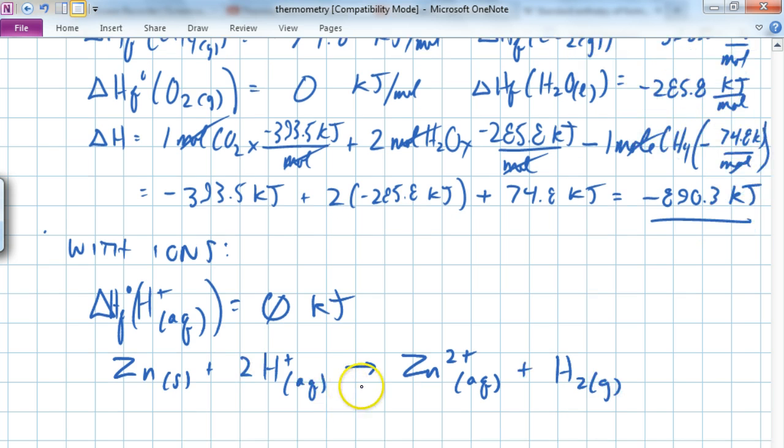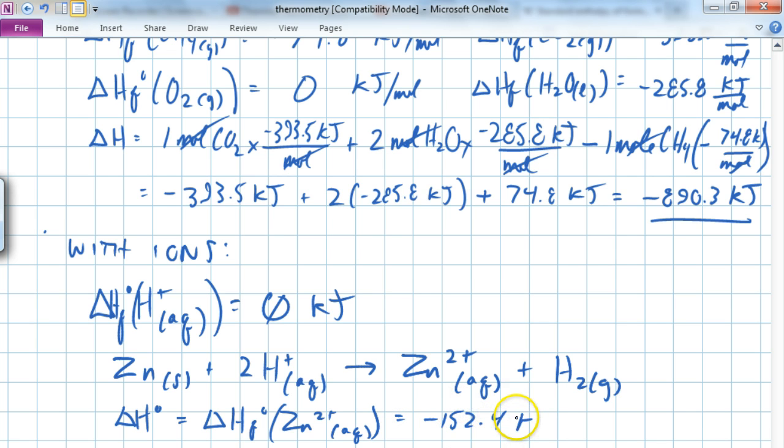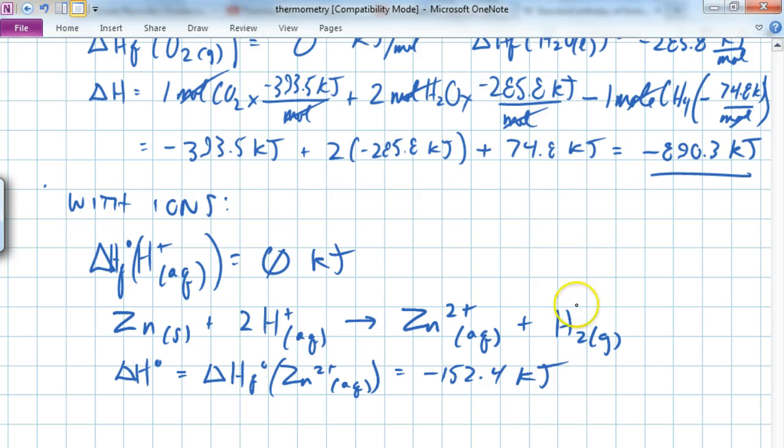Now this becomes a pretty simple calculation because the delta H is simply going to be equal to the delta H formation of the aqueous zinc 2 plus ion, which is negative 152.4, and I get that from a table. Why? Because this is 0, this is 0, and this is 0. See how that works?